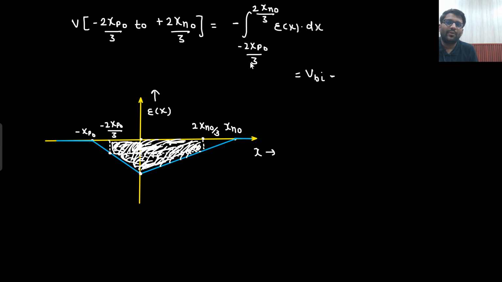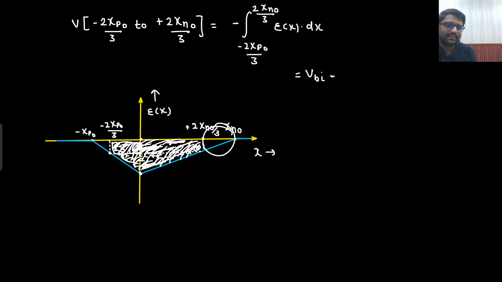This particular area would be your answer. That would be your potential difference between minus 2 xp naught by 3 to plus 2 xn naught by 3, and that would be equivalent to V built-in minus this area minus this area. Because what will V built-in represent? V built-in would be the total area. From the total area, I subtract this area and this area.